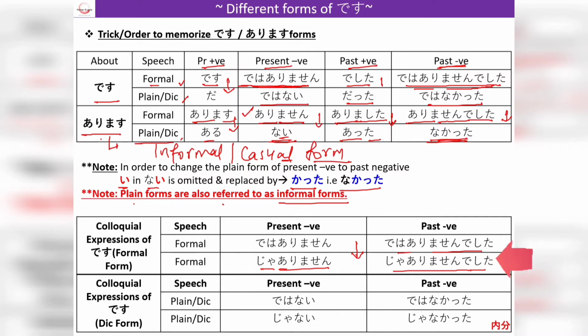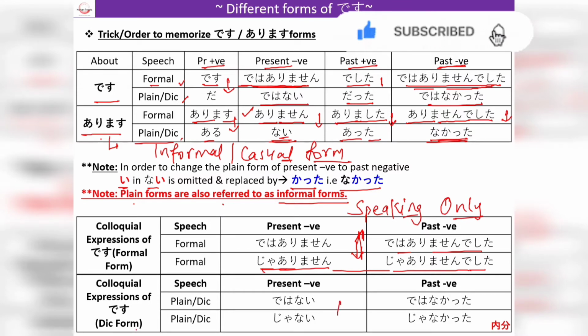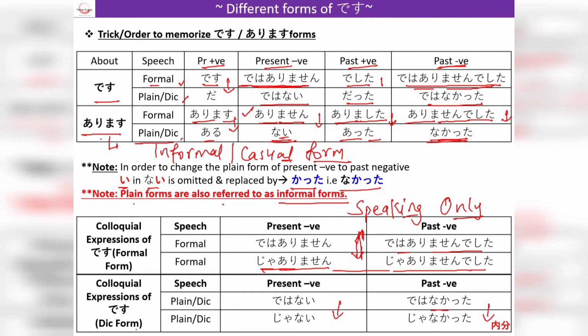And don't forget guys, these two will be used for speaking only. You cannot use it while writing. And same if we talk about dictionary form, devanai will become janai and devanakatta will become janakatta. So these were the colloquial expressions of this which can be used for speaking only.